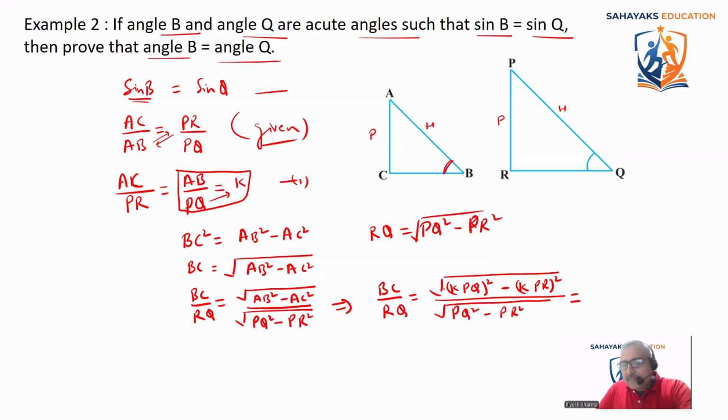Now from this, I can say that K is common in both. So I can say square root of K square is common. It becomes PQ square minus PR square divided by square root of PQ square minus PR square.